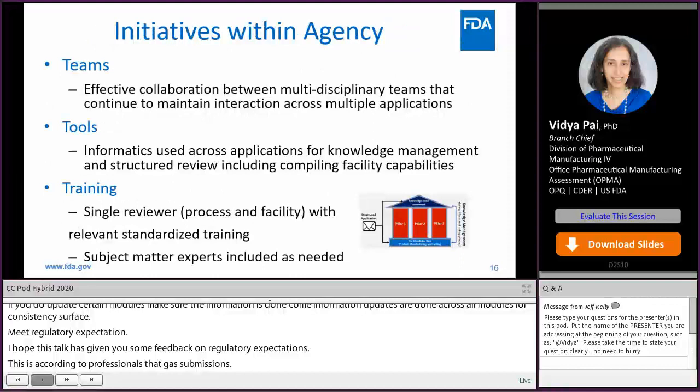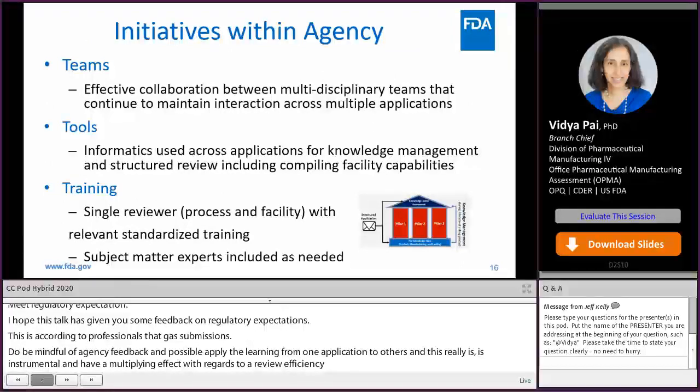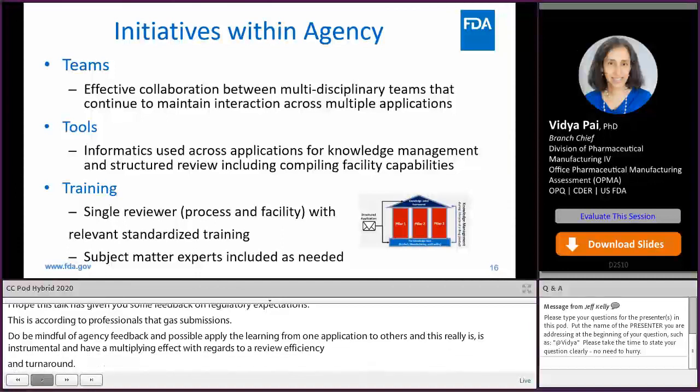Last but not the least, I wanted to leave you with some high-level information about ongoing initiatives within the agency that are really designed towards ensuring we put forth timely, objective, consistent review recommendations.